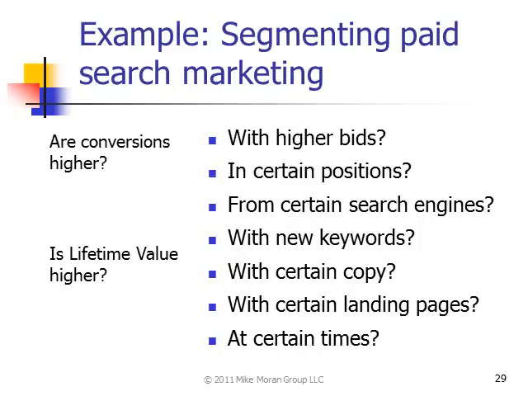So if you look at paid search, are conversions higher if we have higher bids? If we get our paid search ads in certain positions? For example, you might think that conversions are always higher when the ad is number one, but perhaps it's not true. Perhaps conversions are higher when the ad is lower.